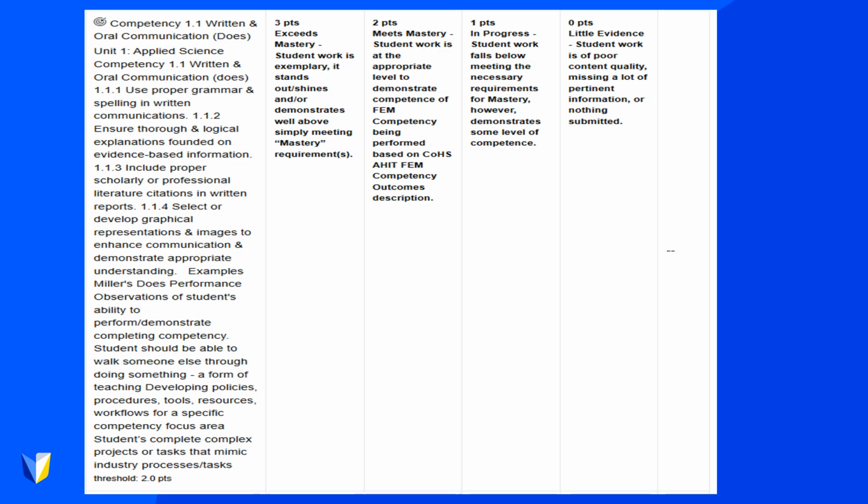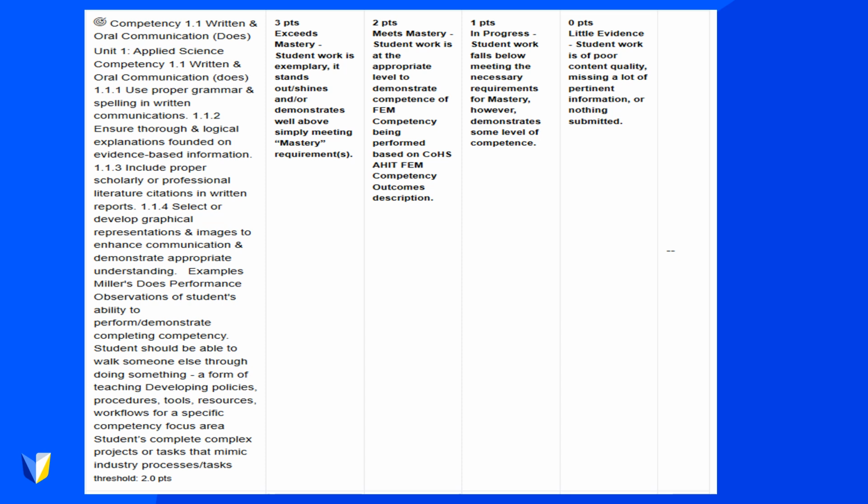Recall in the previous slide the student standing up talking to a group of peers. She is presenting. The student is performing, completing written and or oral communication skills in a professional capacity through. So if the student is very polished, their written or oral communication skills are well above standard, you would click on the exceeds mastery.